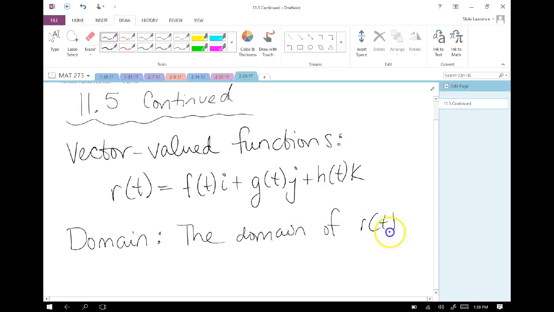The domain for the vector valued function r of t, we said is going to be the intersection of the domains of the individual functions. So we've got to find the domain for our individual functions the same way we would have found domain in algebra class, and then see what they all have in common. Because if we pick a t value to plug in, it's got to work in all 3 pieces. We don't want any of the pieces to come out undefined.